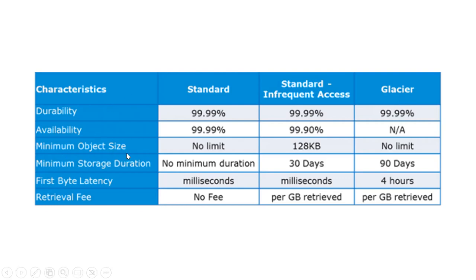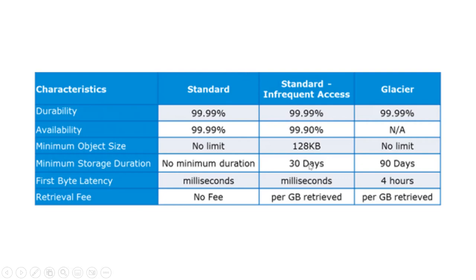Minimum object size: for standard or Glacier, there is no limit, but infrequent access requires at least 128 KB. Minimum duration: in standard there is no minimum duration, you can keep the object as long as you need. But to move an object to the infrequent access class, it should be kept at least 30 days in the standard class.